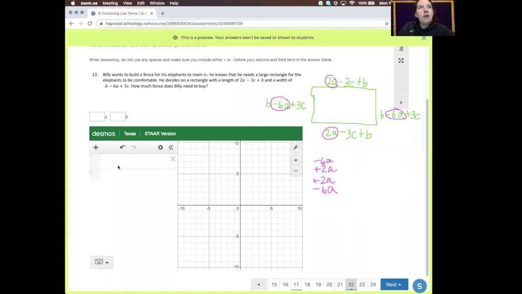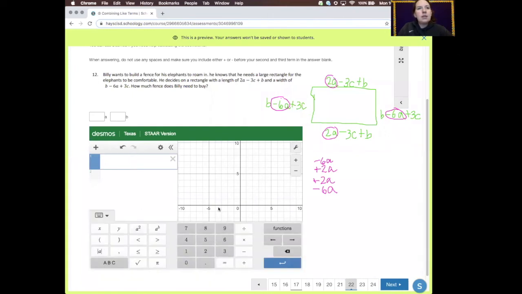So I can say negative 6 plus 2 minus 6, and I get negative 8. So here I have negative 8a.